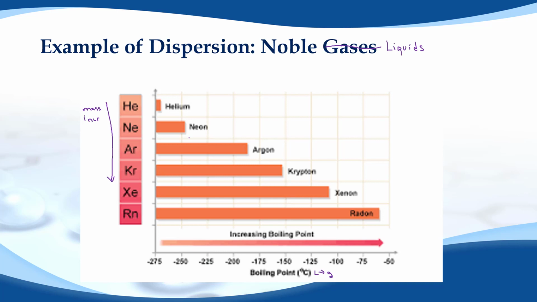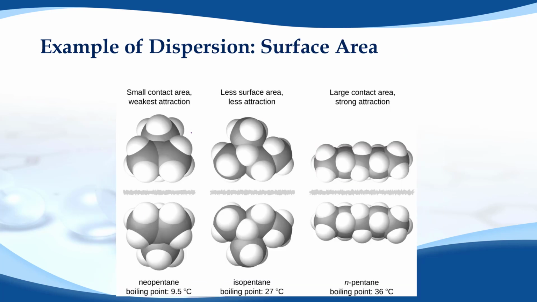Now we'll also talk a little bit about surface area. Here we have three different versions of the molecule pentane. Pentane is C5H12. On the right, we have what's called n-pentane, which is your normal 5-carbon chain. Cylinders tend to have very large amounts of surface area, right?